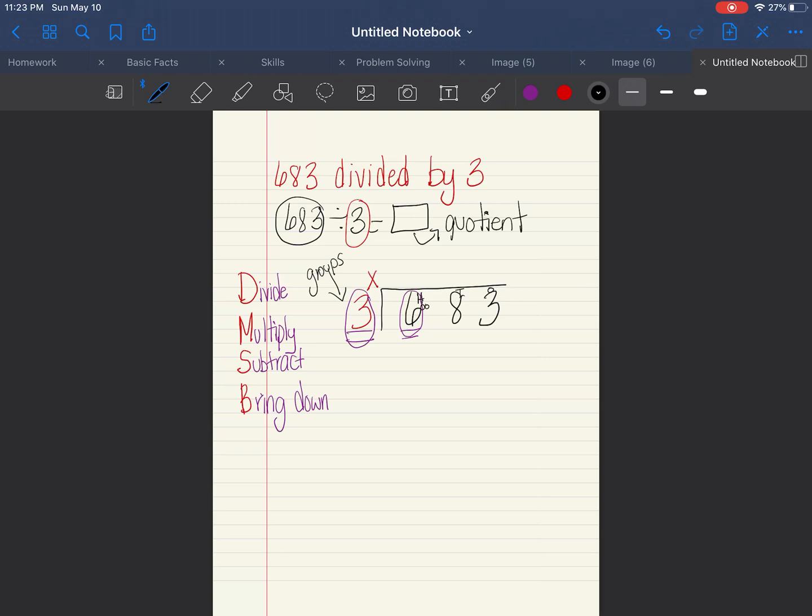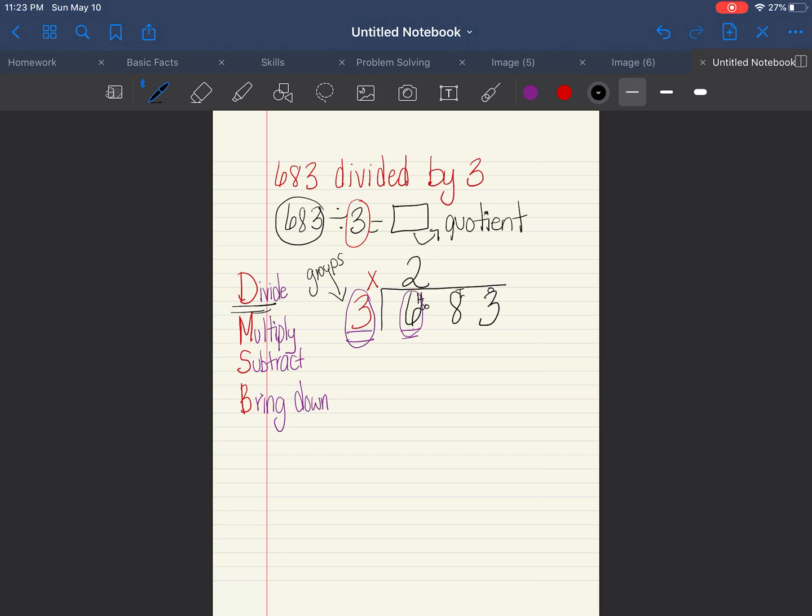There are 3 groups, and I'm sharing the 6. Remember the 6: these are my 1s, these are my 10s, and these are my 100s. My 6 actually means 600, right? So I'm telling myself how many will be in each of the 3 groups if I have 600 and I divide equally.